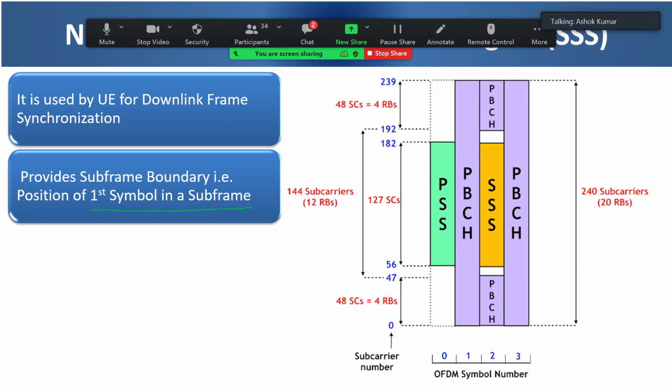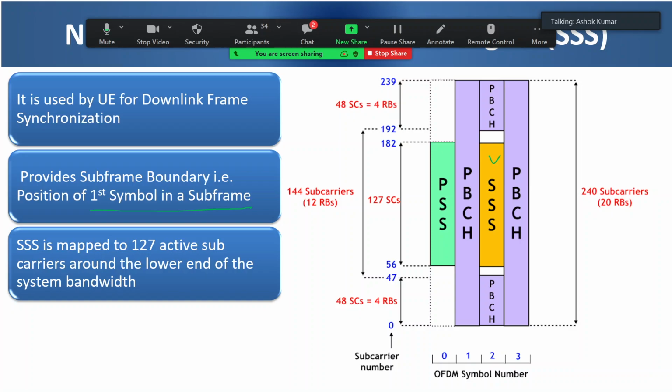When our device is able to decode SSS, we are completely synchronized in the time domain, because now we also know the first symbol in a subframe. So time-wise, your device is synchronized.